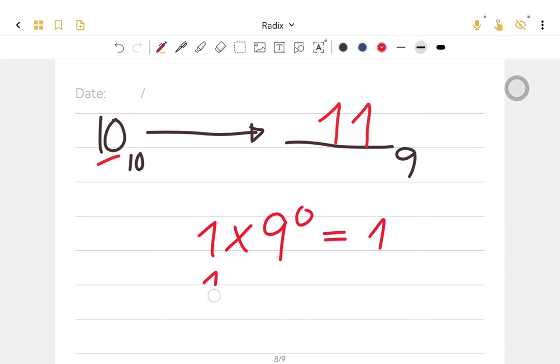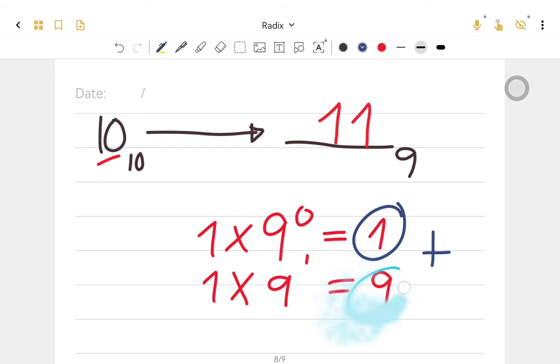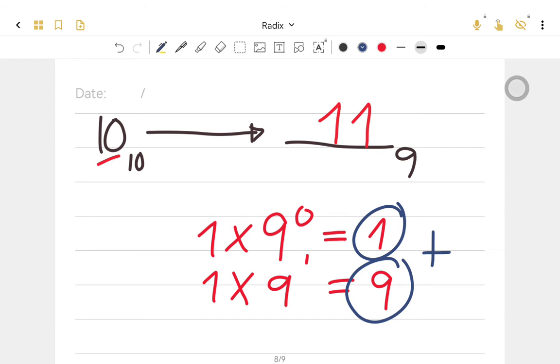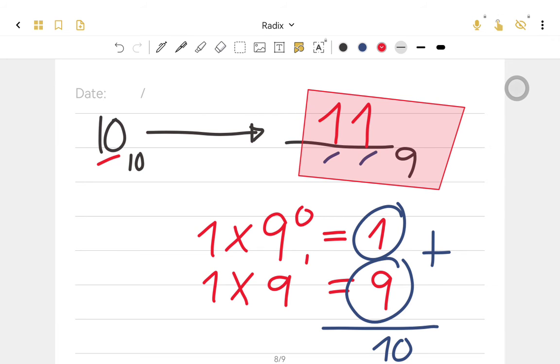And then 1 times 9 to the power of 1 is 9. You're going to add 1 plus 9, which is equal to 10. Therefore, 1, 1 is correct. Okay, this is the equivalent for 10.